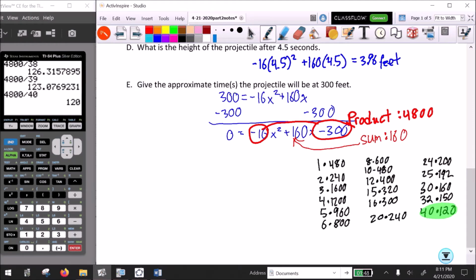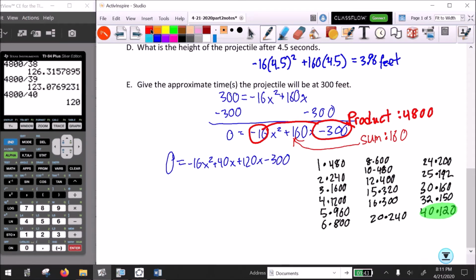So we're going to use that to expand this middle 160x as 40x plus 120x. Let me rewrite this whole quadratic here. 0 is equal to negative 16x squared plus 40x plus 120x minus 300.